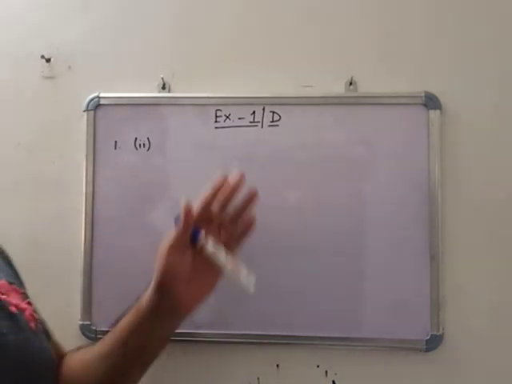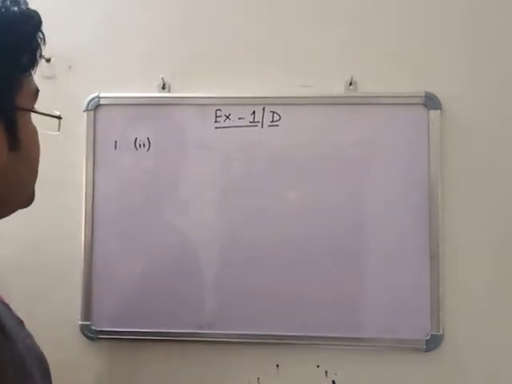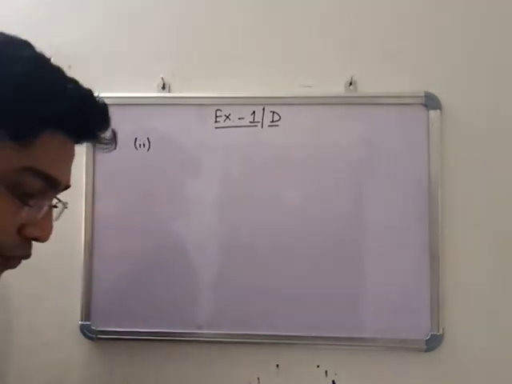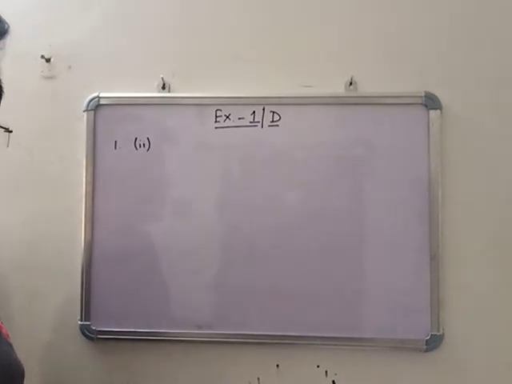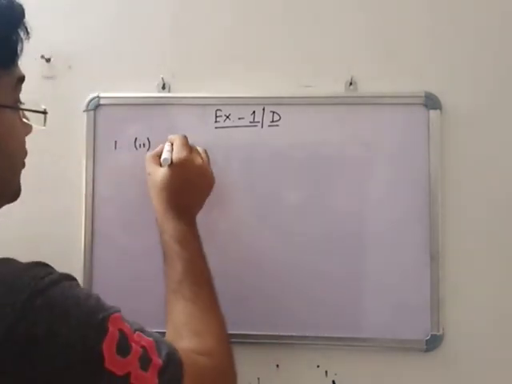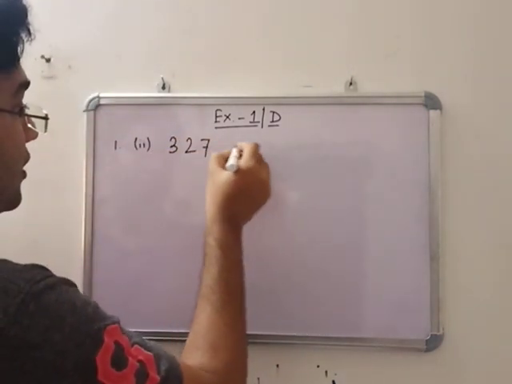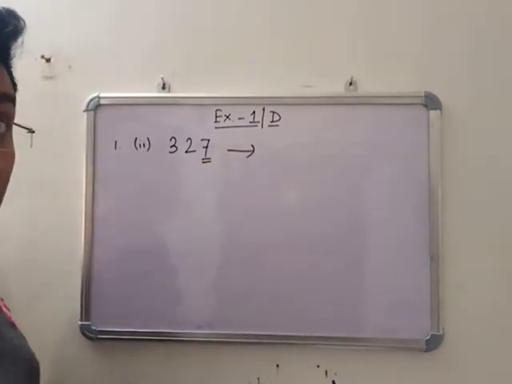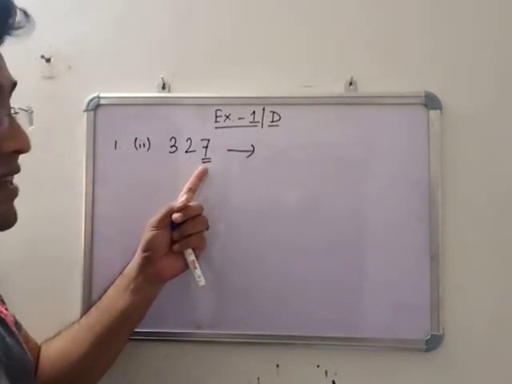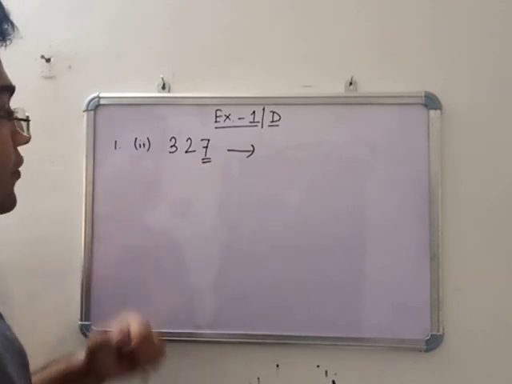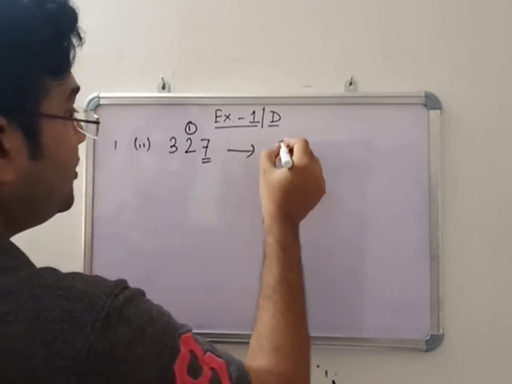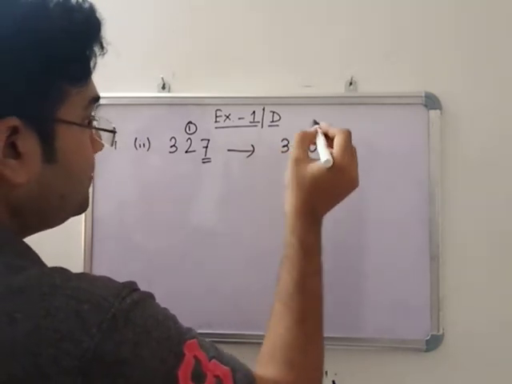So now we are going to start our exercise 1D. So here we are starting from number 1 and 2. Round off each of the following numbers nearest to 10. So see that the number given is 327. Nearest to 10, see whether this last number is greater than or less than 5. This last number is greater than 5. That means you have to add 1 in this position. That means 330.